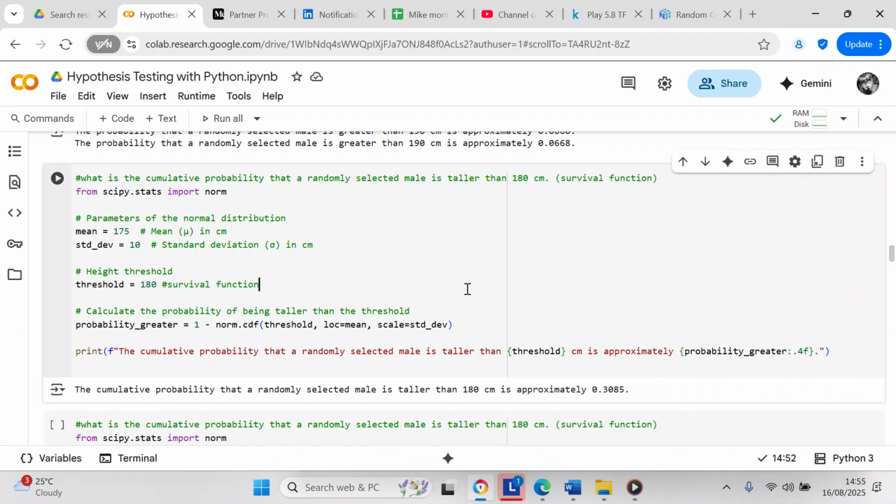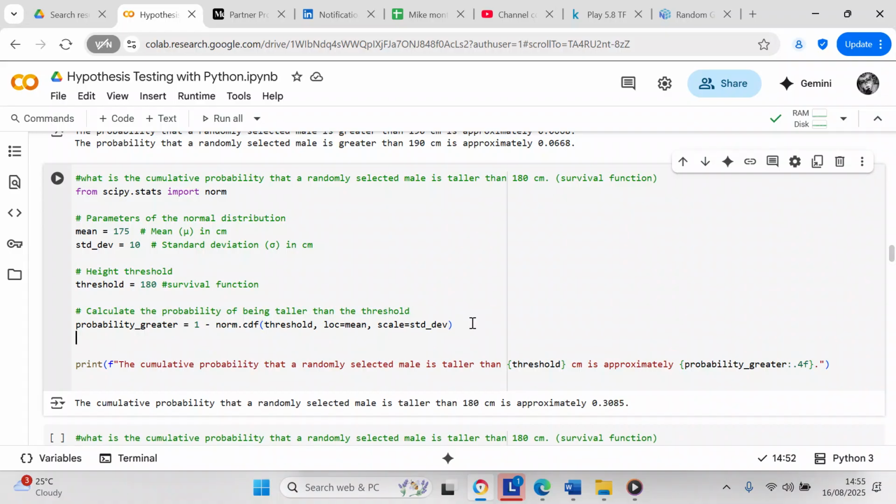Okay, so we're going to calculate the probability of being taller than the threshold. So probability greater equals 1 minus norm.cdf, that's cumulative distribution function, threshold, comma, loc equals mean of 175, comma, scale equals standard deviation.